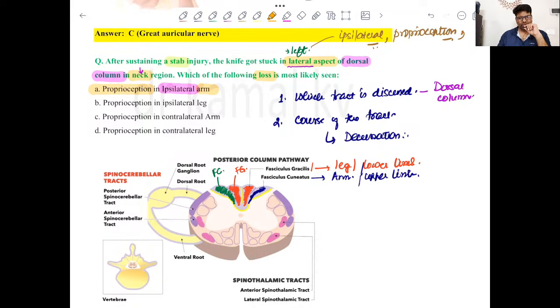So this is subdural hemorrhage, and I think there is no point in making any mistake in this particular question. So subdural hemorrhage. Again, this is a very commonly repeated question.